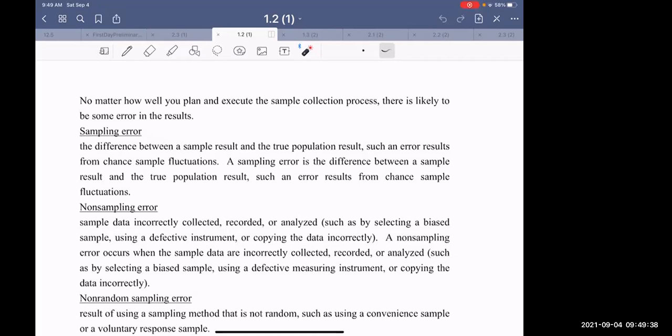This could be due to, let's say, a defective instrument or copying data incorrectly. You should never have non-sampling error. These non-sampling errors should never occur, but in reality, they occur a lot. In one of my previous lives, I ran the math placement office for a district.